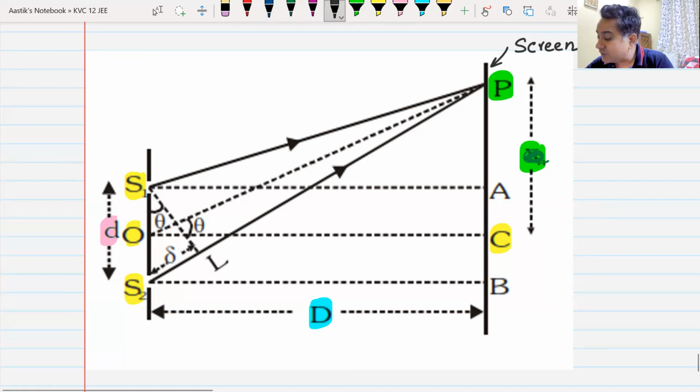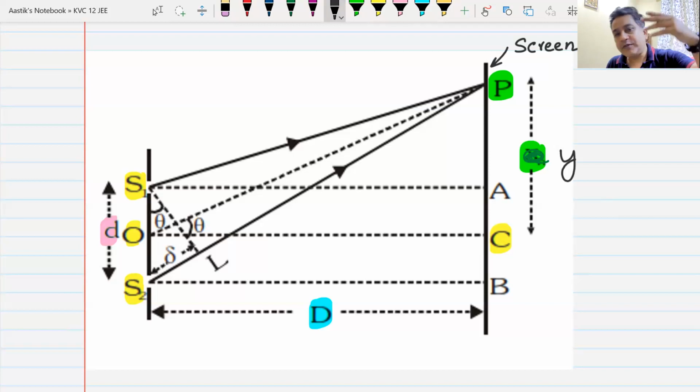Let me call it Y, because it is along the Y axis. So the distance of point P from C is Y. Now what we have to find out is what is going to happen at Y, whether it would be a constructive interference or a destructive interference. So far, so good. Do we understand this?